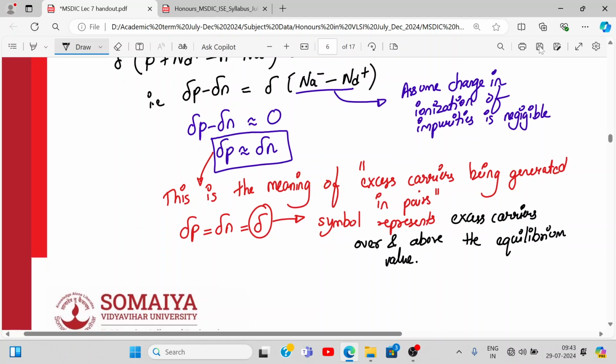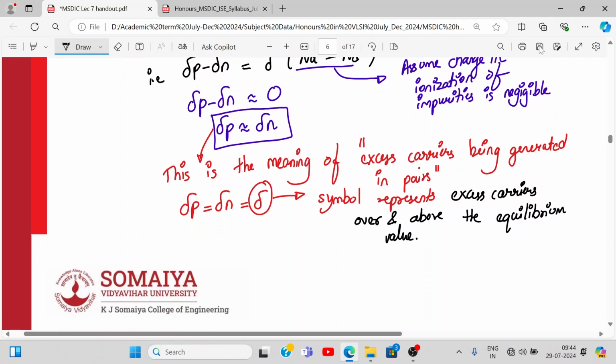All right. It's a very important concept, excess carriers. And here it means that the excess carriers have been generated in pairs. For every hole, there will be an excess electron. So it's a pair.